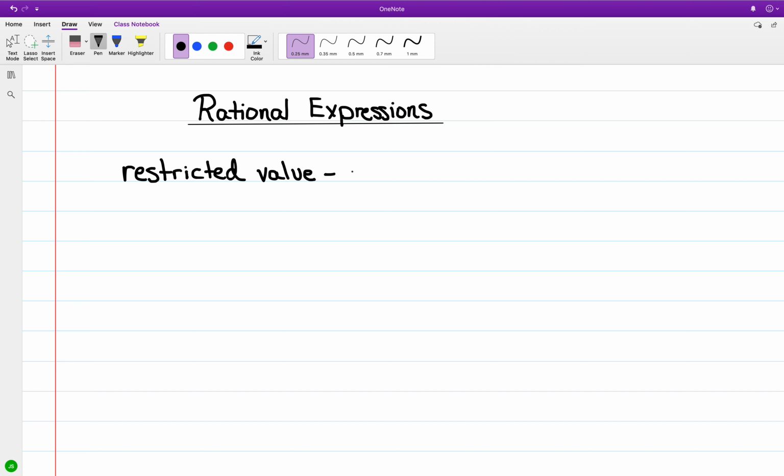Restricted values are regarded as situations where you have a value that is going to render a rational expression as undefined within the real number system.